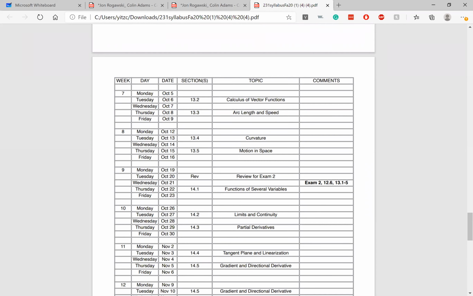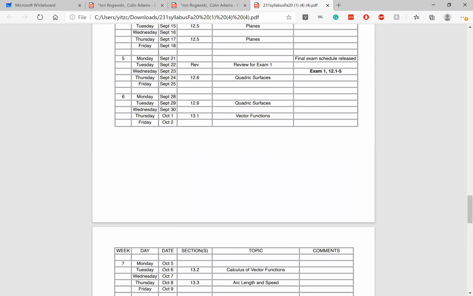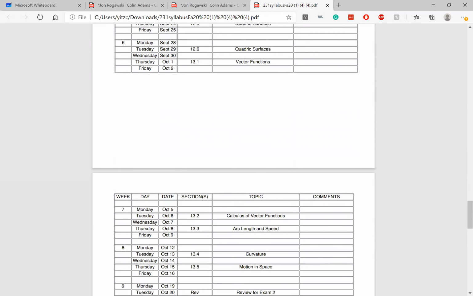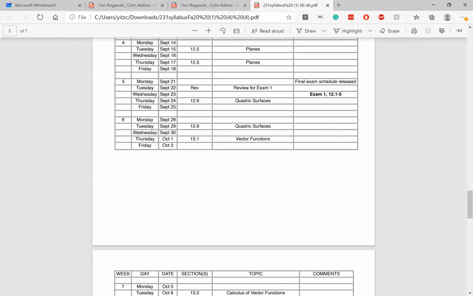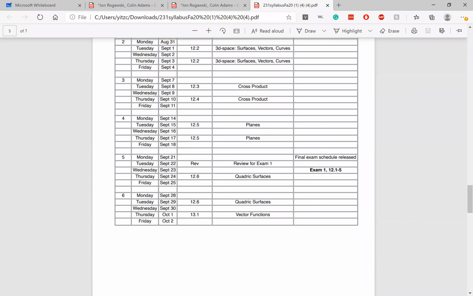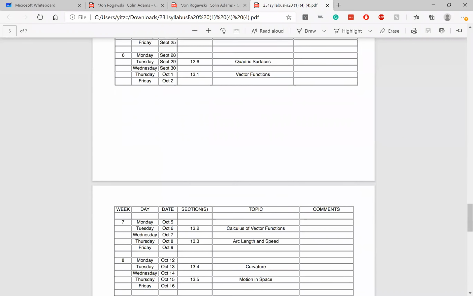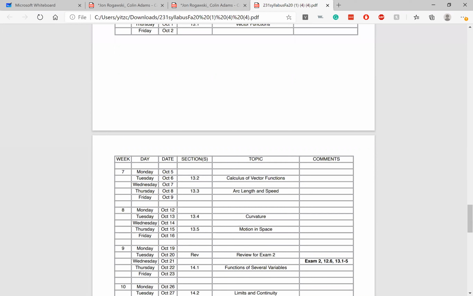So all the things we just covered, but also how to take the derivative of a curve. I mean, how to find the tangent vector of a curve. Different quadratic surfaces might appear. And again, the things that we did before also might appear on the quiz, but in a new format. But you still have to know, obviously, how to take the cross product, take the dot product, and stuff like that.